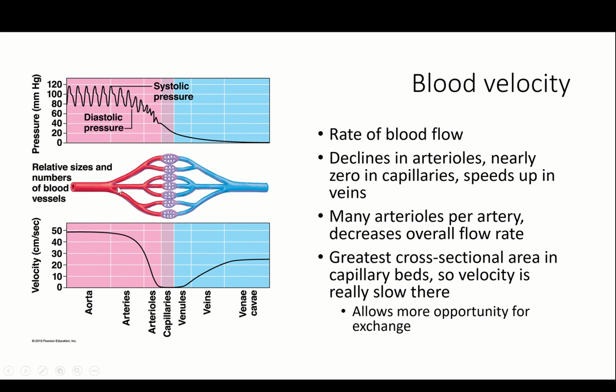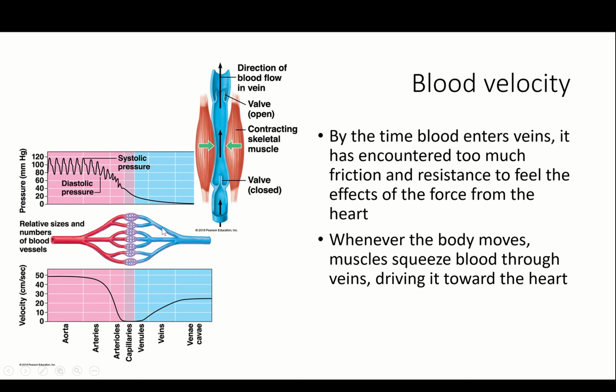It then starts to distribute into the arteries, so it's a force divider. The force being pushed through here is divided across three different arteries, so it's not as strong as before. You'll see the diastolic and systolic pressure start to decline, and the velocity curve comes down too, so the blood flow is slowing down slightly.